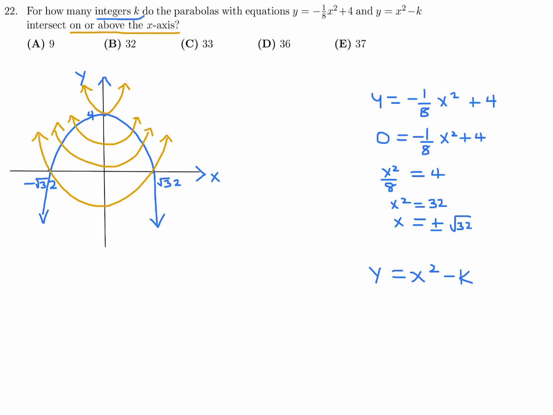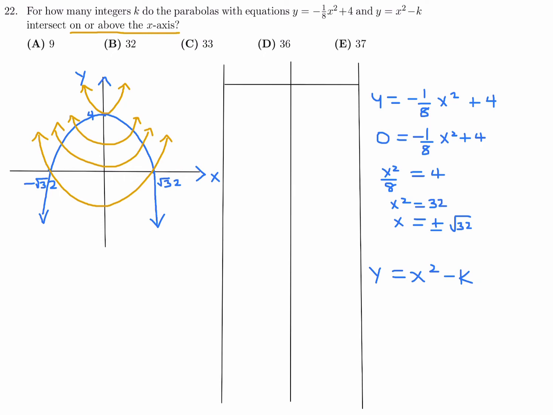And the condition is that k has to be an integer, which actually helps us. Okay, so let's move forward with this. The first thing, of course, is I'm going to have to make a table for x and k, since x and k are what I'm interested in.